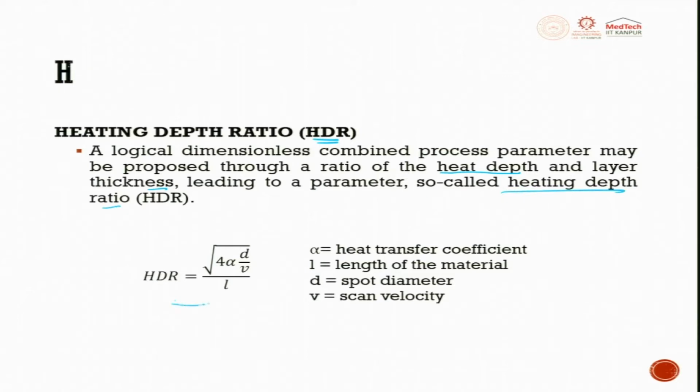This can be derived by this formula. HDR is root of 4 alpha D by V, where alpha is the heat transfer coefficient, L is the length of the material, D is the spot diameter, V is the scanning speed. Earlier we represented it with one symbol and here with another, but both are the same, right? Scanning speed, scanning velocity, and the diameter.